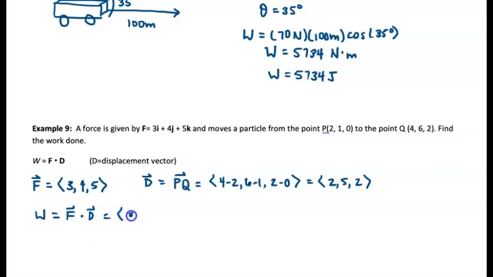So we're taking the dot product of 3, 4, 5 and 2, 5, 2, which will give us 3 times 2 plus 4 times 5 plus 5 times 2, which is 36. And because we're not really given any units, we can just say that this is 36 units.